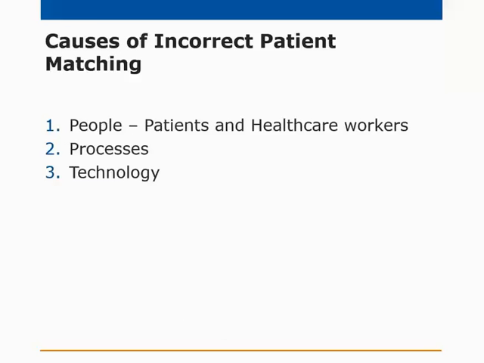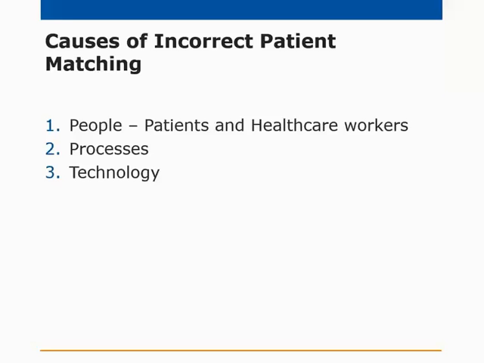So the main causes, and there are others, but I want to focus on these 3. The main causes of incorrect patient matching are people, and it's not just healthcare workers. We're talking about patients too, as I talked about with my friend Linda. Patients don't understand how important it is, and it's up to us to educate them. So that is an important part of this.